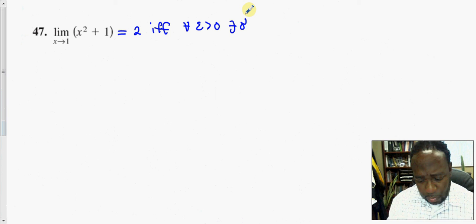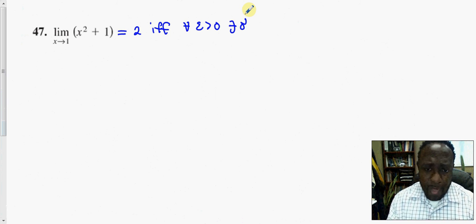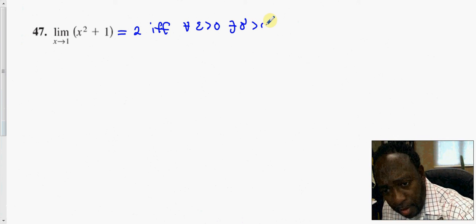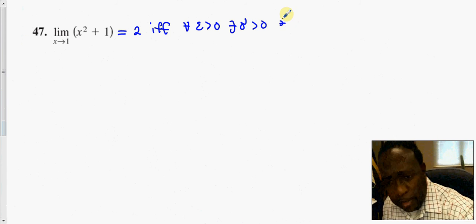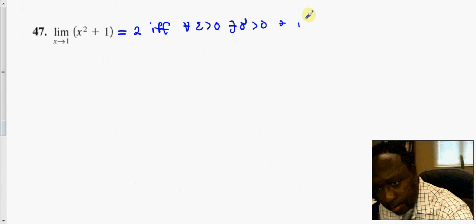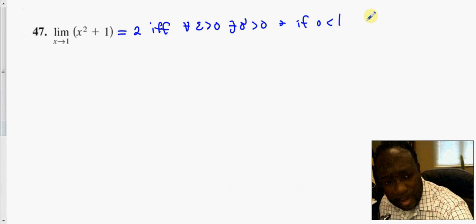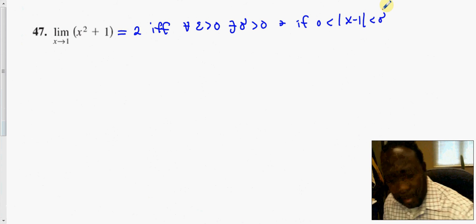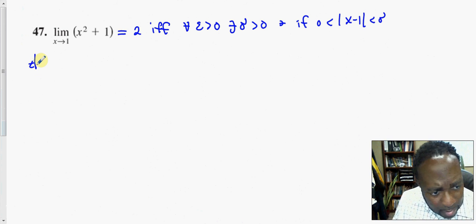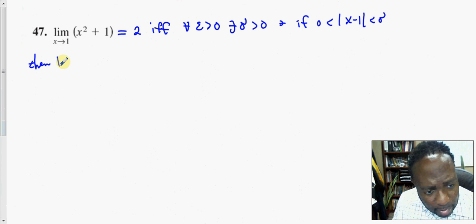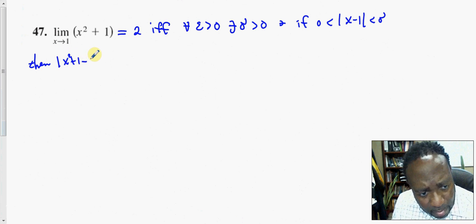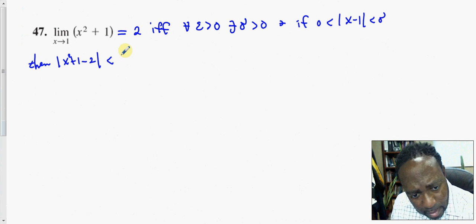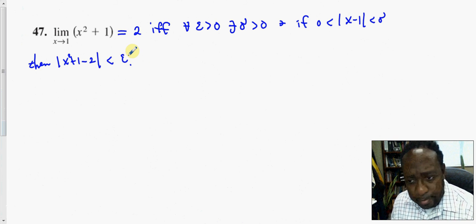The whole thrust of this proof is to be able to find delta positive, such that if 0 is less than the absolute value of x minus 1, that's less than delta, then we want to be able to show that the absolute value of x squared plus 1 minus 2 is less than some epsilon. Okay.